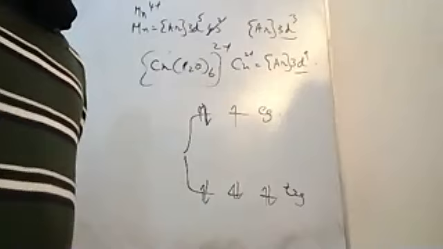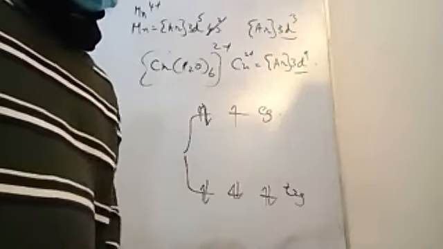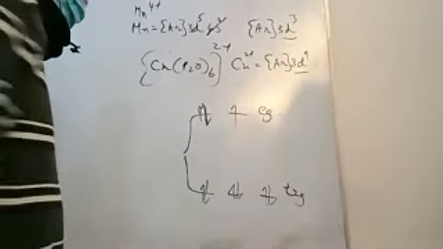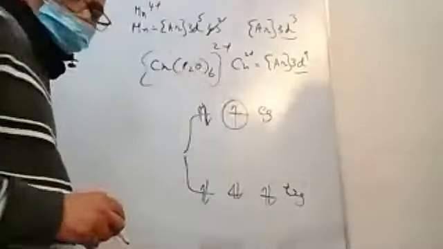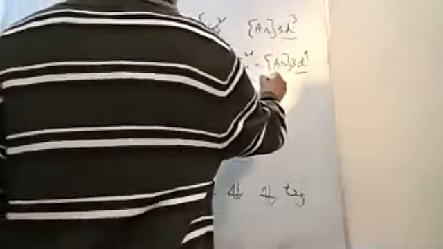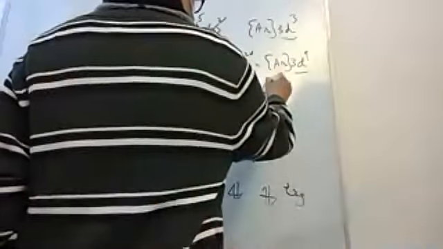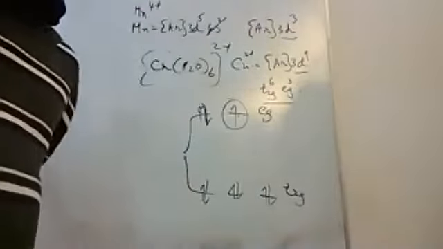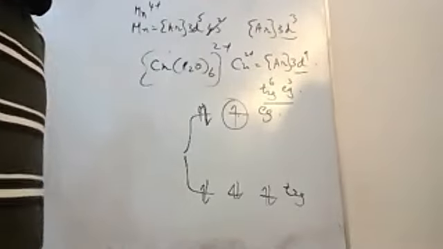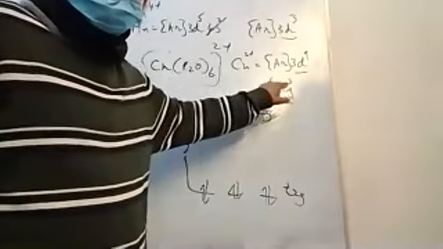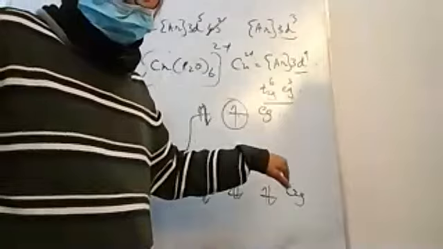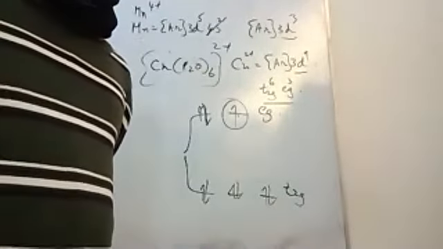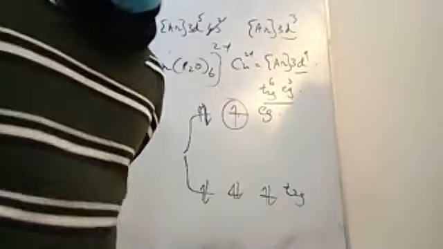How many unpaired electrons do you have in the copper complex now? Only 1. So the electronic configuration of copper 2+ in this complex is t2g6 eg3. That tells you there are a total of 9 electrons, 6 of which are in the lower level because t2g is more stable than eg. So what is going on here? I'm making sense here.